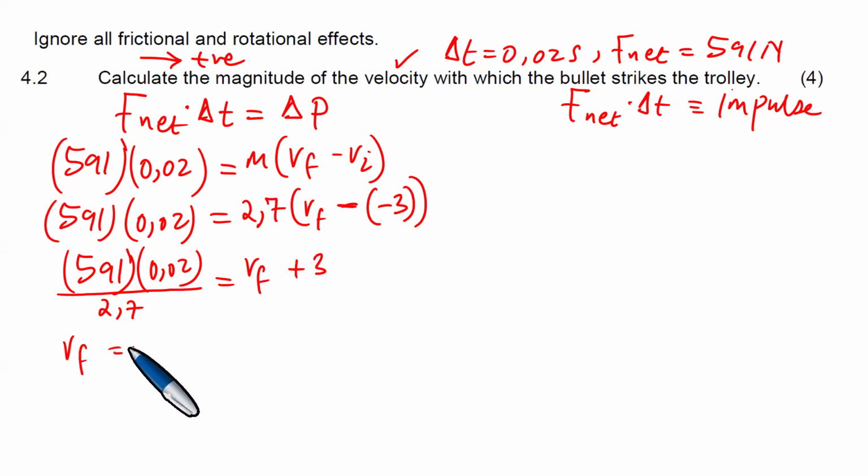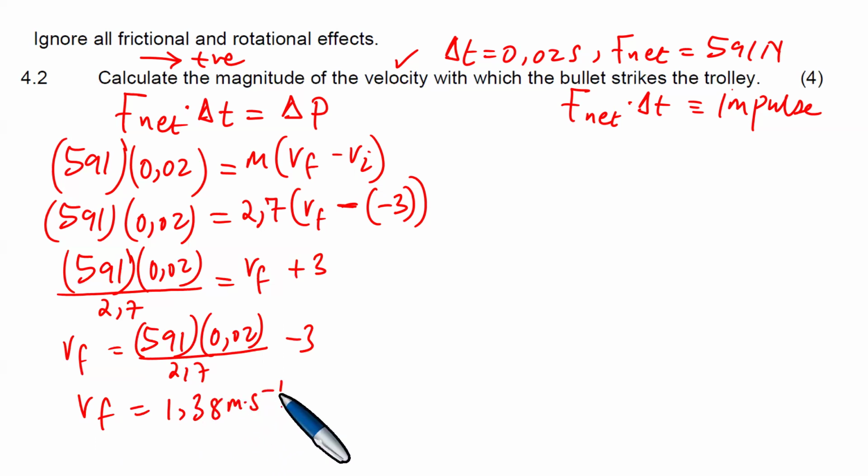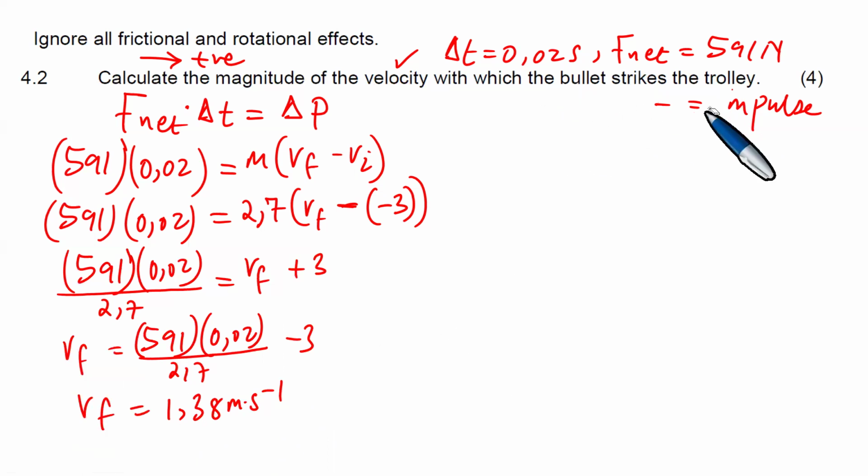So V final is equal to 591 times 0.02 divided by 2.7, minus 3. And what is the answer here? If you do this quickly, you will see that the final velocity is 1.38 meters per second, which gives us the final velocity of the trolley.